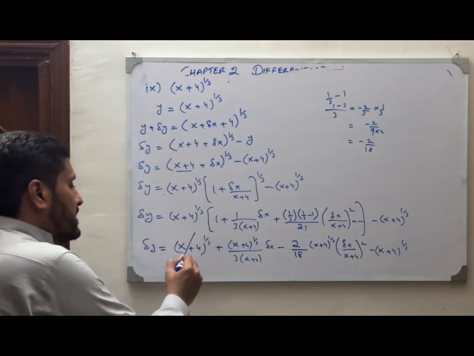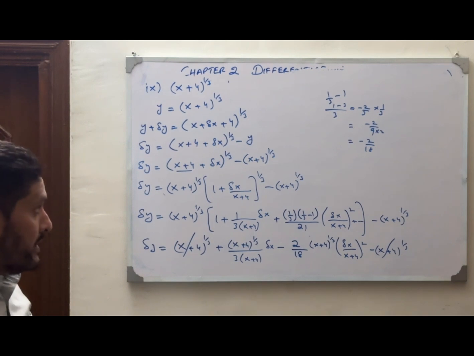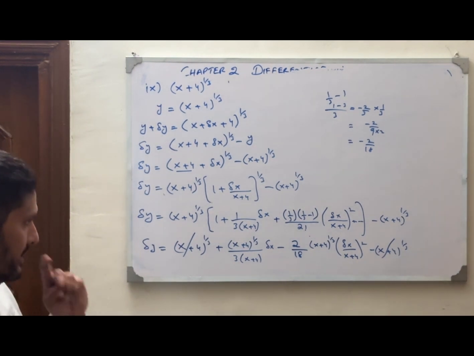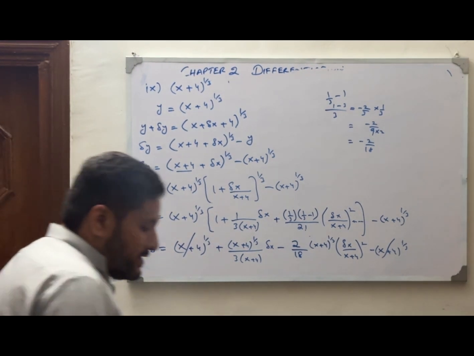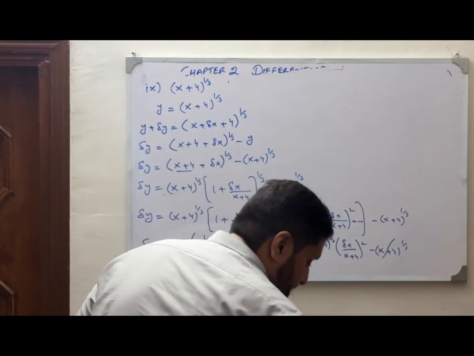So this (x plus 4) power 1 by 3 and minus (x plus 4) power 1 by 3 will be cancelled with each other, and we have these remaining terms. So we can write it this way.